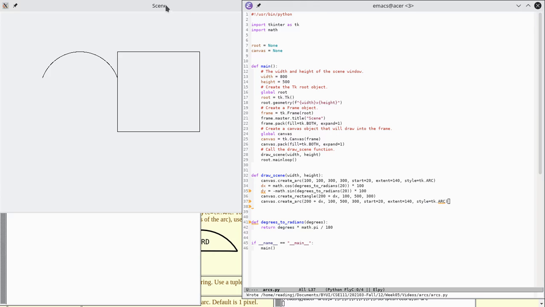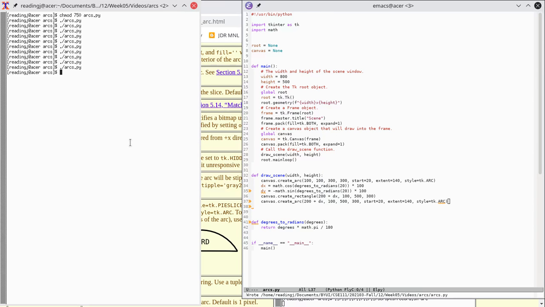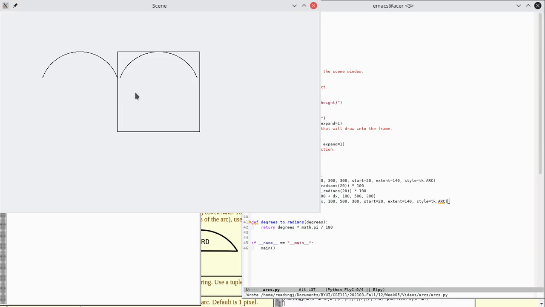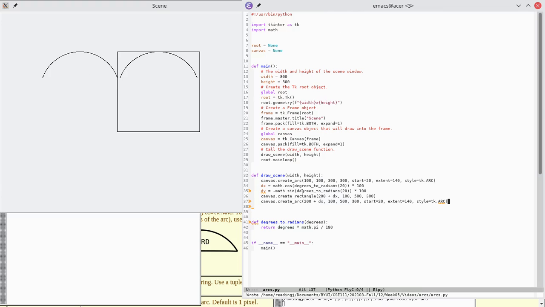That's going to miss because it's that far offset from the edge of the box, right? So we need to move left by that distance. What is that distance? That distance is 100 minus dx.